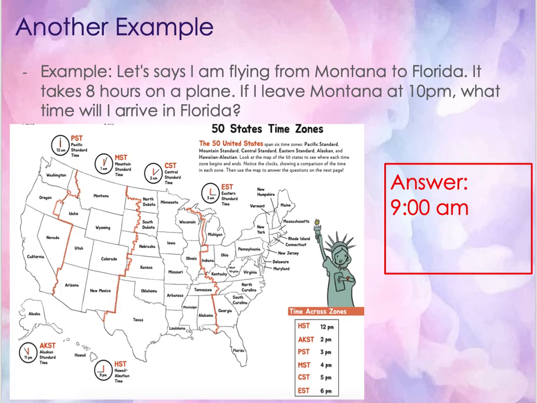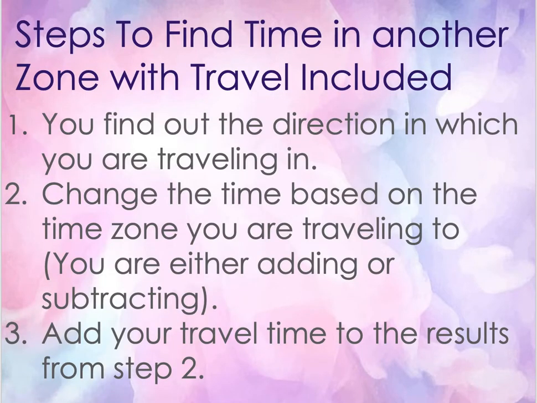Okay? So now I actually put steps on how to do it on the next slide. So first you have to find out the direction in which you're traveling, right? Where are the states that you're going from place to place? And then change the time based on the time zone you are traveling to. First change the time zone. So then that means you're either adding or subtracting.